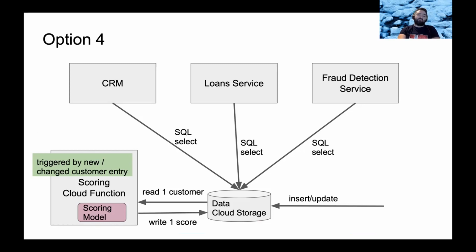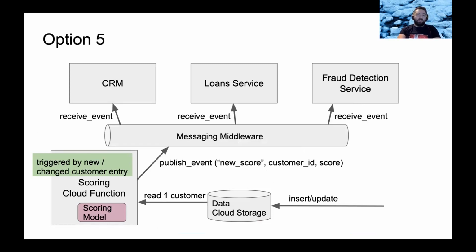Option number 4. Another modification: the use of messaging middleware. Messaging middleware is a piece of infrastructure used to exchange messages between applications. Usually it has topics so that one application can publish messages in the relevant topic and any other application can subscribe to the relevant topic to receive and deal with the message.